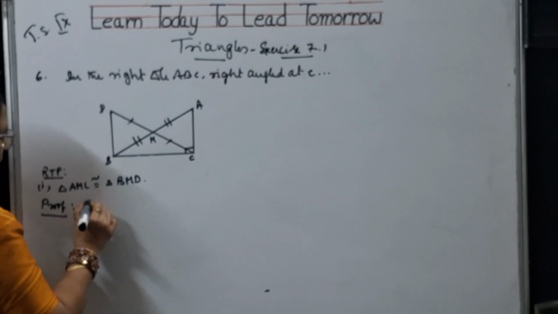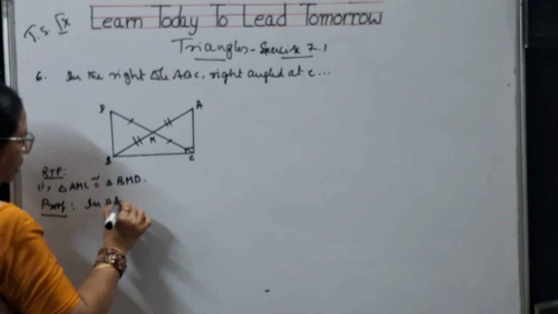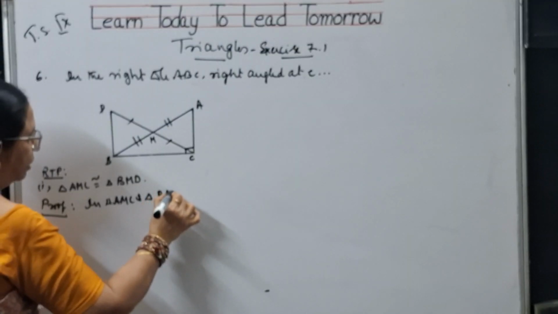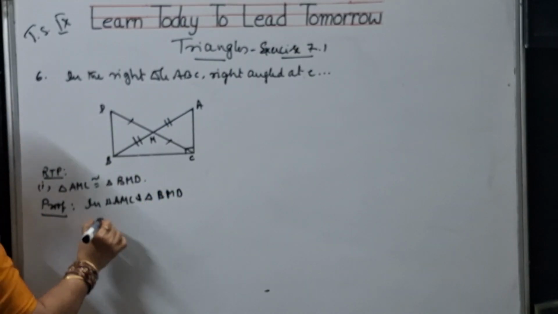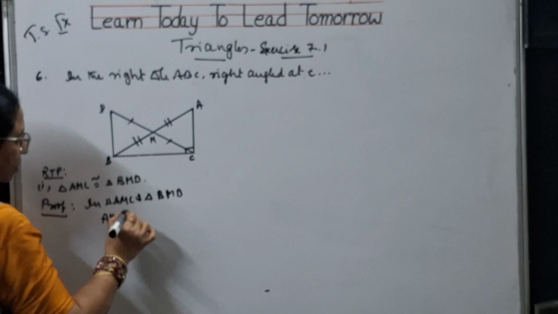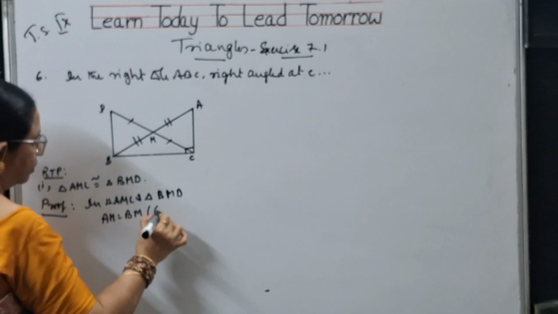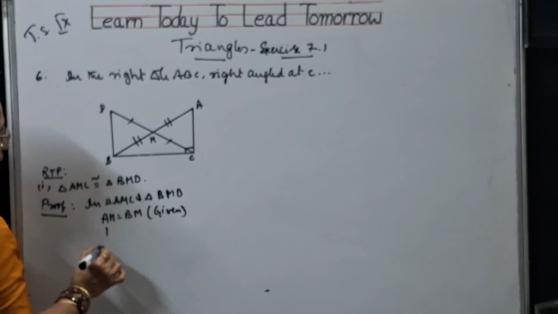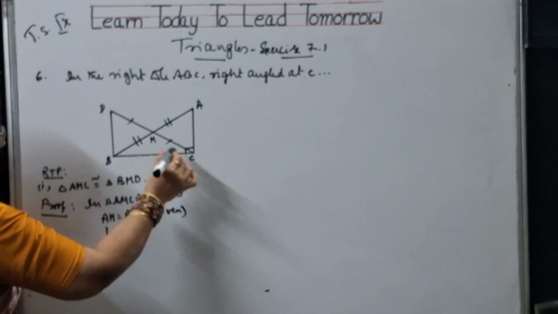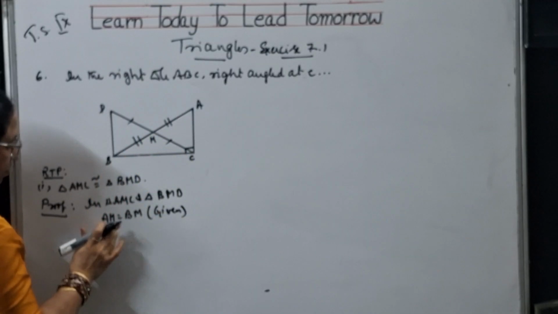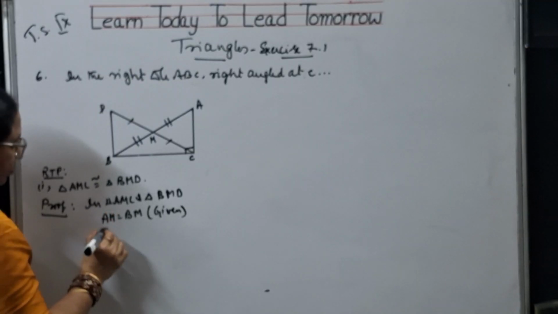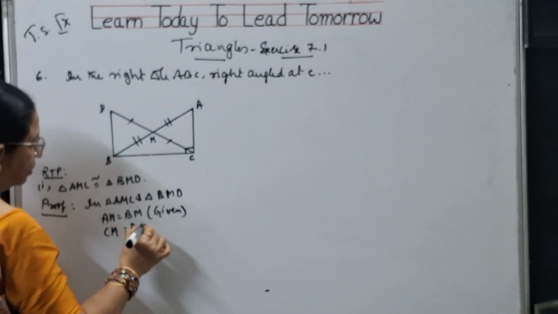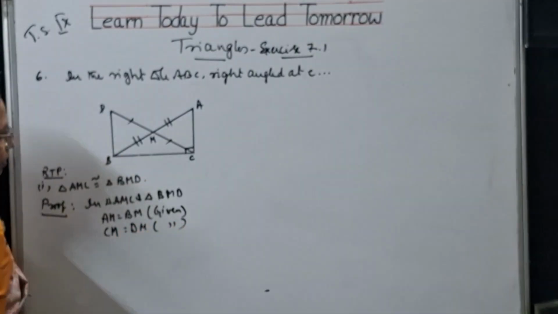In triangle AMC and triangle BMD, AM is equal to BM. This is given to us. CM is equal to DM. This is also given to us.